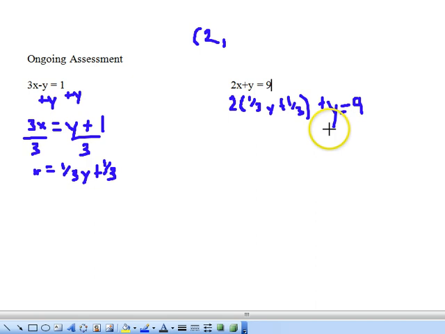Okay? So then we multiply this into these and we get 2/3 y plus 2/3 plus y is equal to 9.